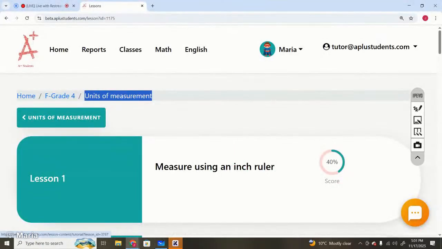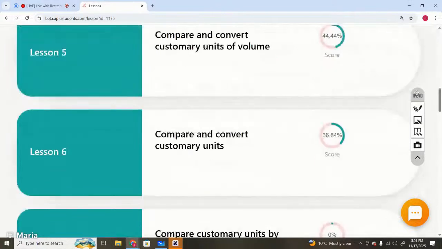So here I am on grade 4 math, the chapter we're on right now, unit of measurement. Let's just start with the lesson, that is customary units of volume.